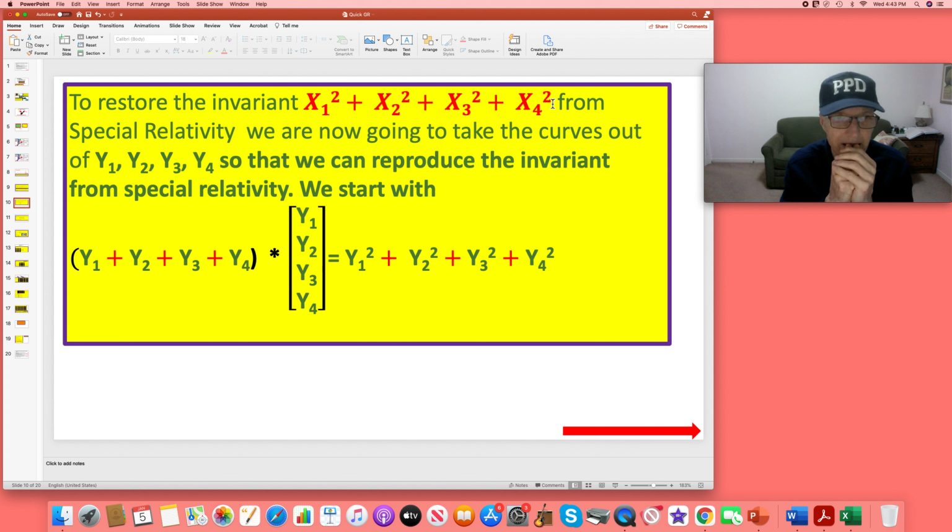It's amazing. So we start with, remember, row times column: take the row times the column, multiply them together and add, right? So it's y1, you get y1 squared, y2, we've been through that. So that's where we start.